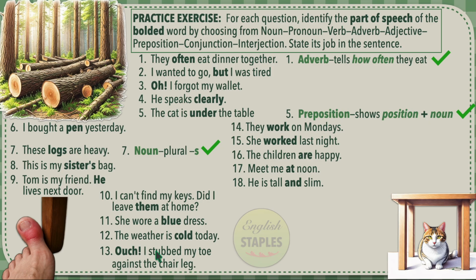Ouch! I stubbed my toe against the chair leg. See, here, he stubbed his toe against the chair leg. So when you stub your toe, you hit your toe. You accidentally hit your toe.